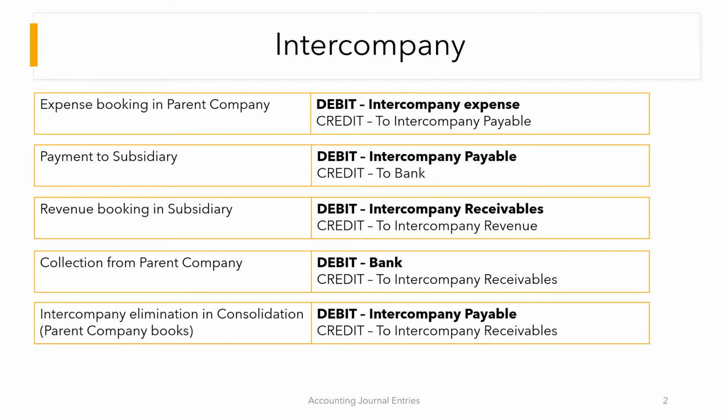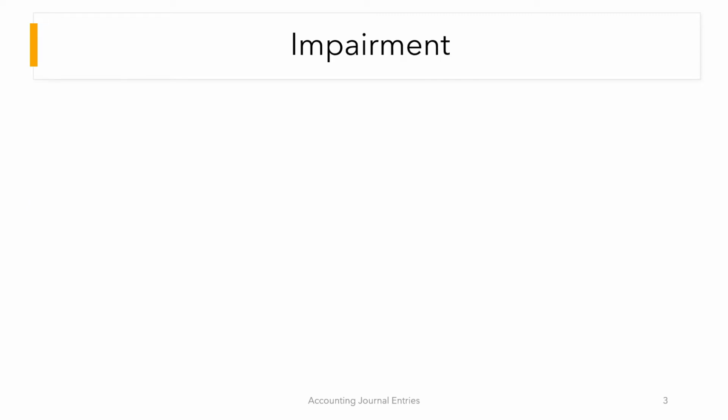The intercompany elimination in consolidation in parent company books, the entry would be debit intercompany payable and credit intercompany receivables.